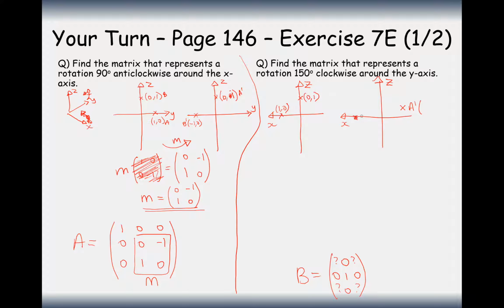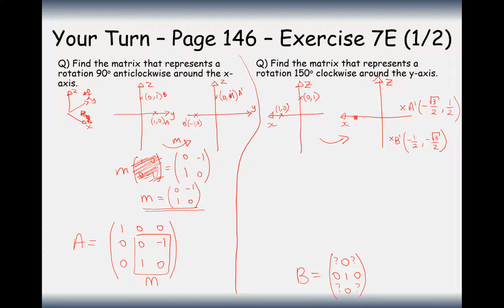Well, it's now going to have a negative x coordinate, and it's definitely going to be more than a half. It's rotated more than halfway round, so it's probably going to be √3/2. You could calculate this with a bit of trigonometry if you wanted to. And the z coordinate is going to be positive a half because it's still going upwards. The z coordinate here is going to rotate round to be down here. This is where b prime is going to go. It's going to have an x coordinate of -1/2 and a z coordinate of -√3/2.